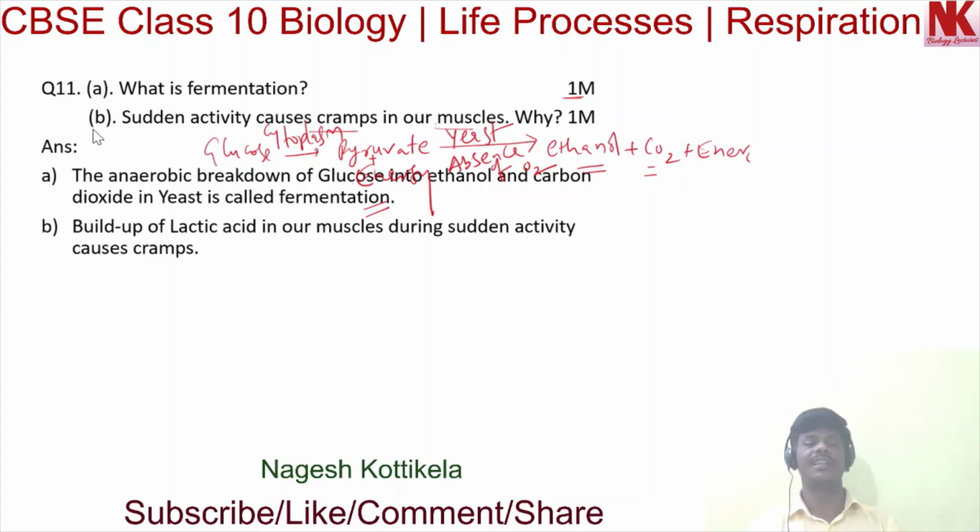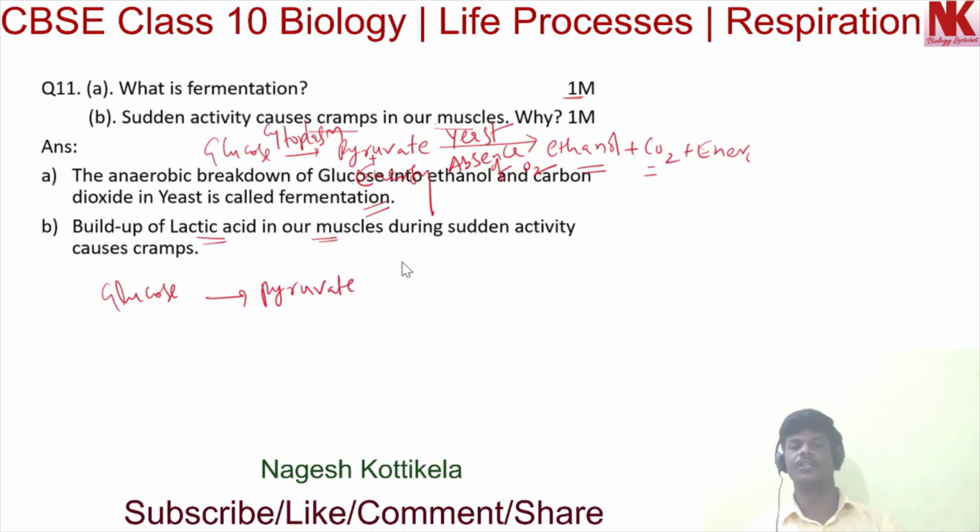Now another question, question B: sudden activity causes cramps in our muscles. Why? For this the answer is the buildup of lactic acid in our muscles during sudden activity causes cramps. This is also already discussed, but once again, glucose breaks down into pyruvate in the cytoplasm.